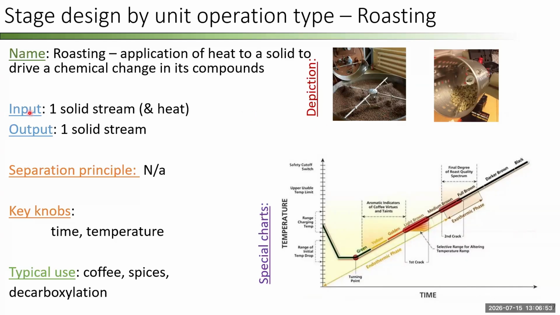So I'm putting one solid in plus heat, and I'm getting one solid out. This isn't really a separation, but it is going to change the underlying set of molecules. This is done often for coffee roasting, spice roasting, decarboxylation in the cannabis industry, right?